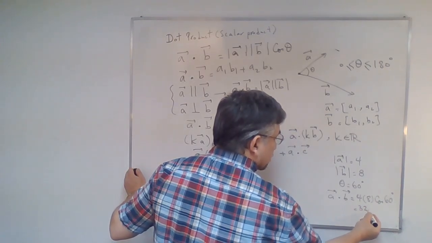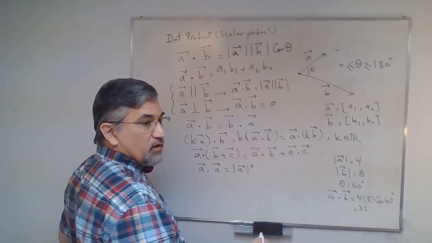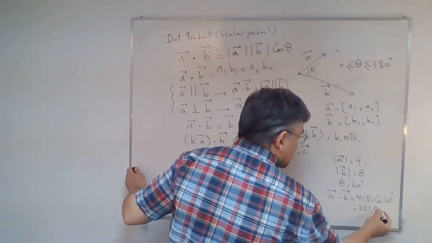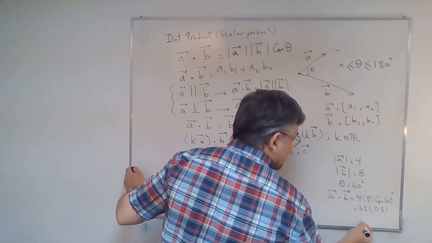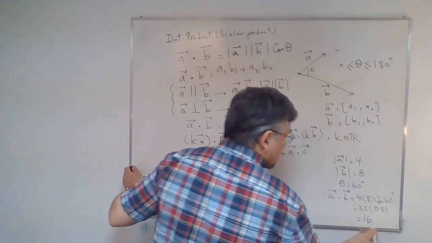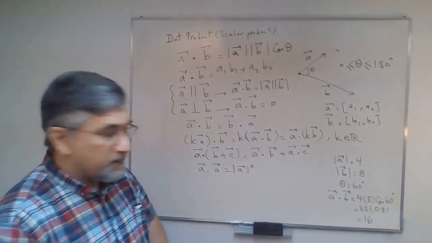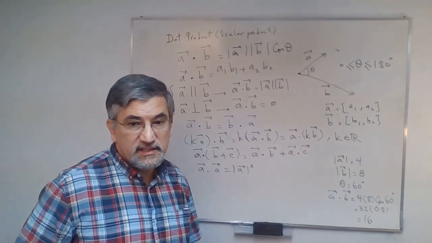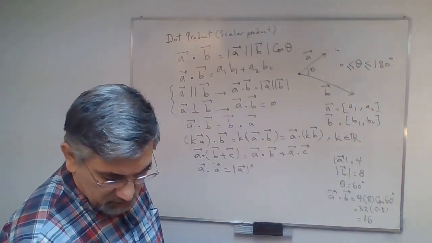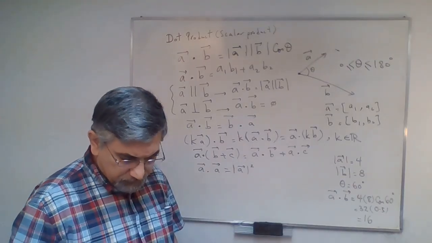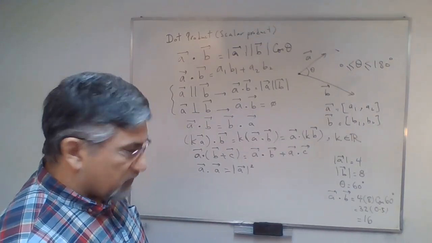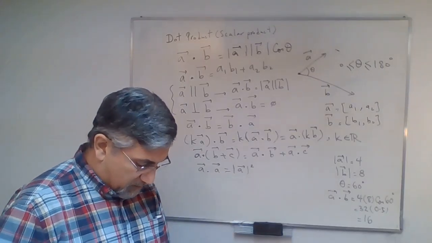So that's 32. Cosine of 60 is 1/2. We can use the calculator, and the answer is, of course, 16. So A dot B is equal to 16. And as I said, the answer to the dot product is, of course, a scalar or a number.